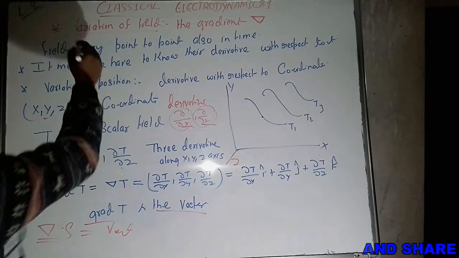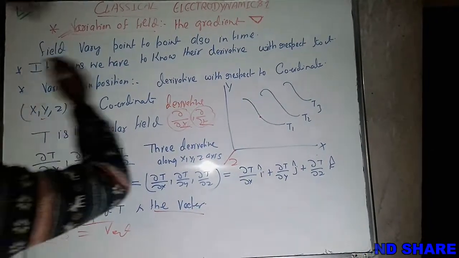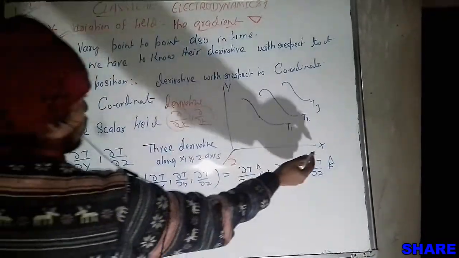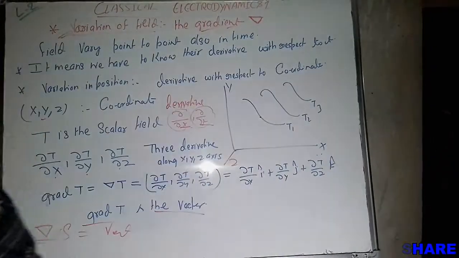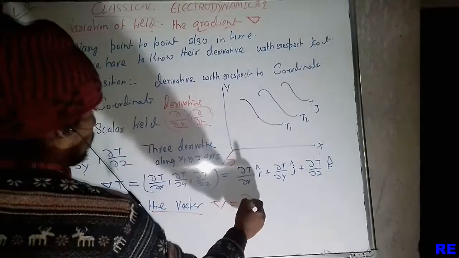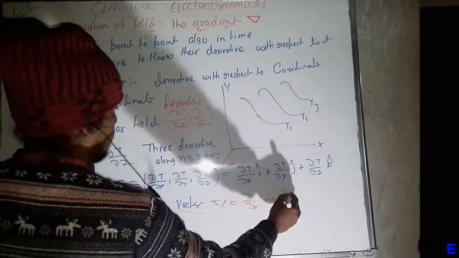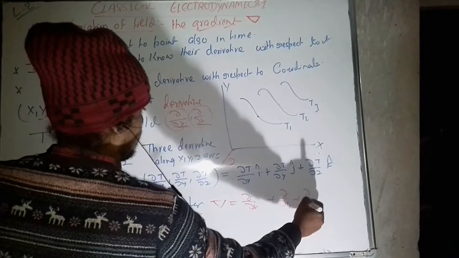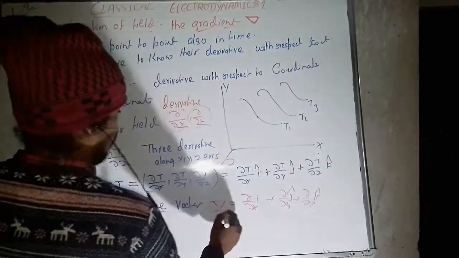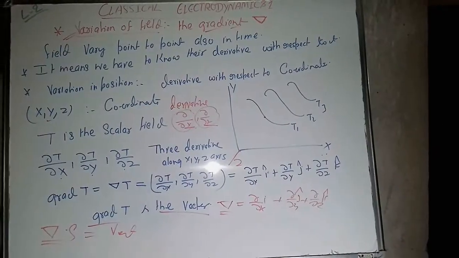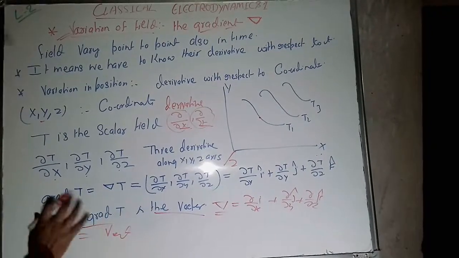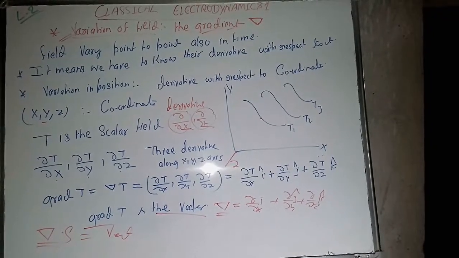We have to remember that the variation of a field is indicated by the gradient, and the gradient is nothing but the variation along the x-axis, y-axis and z-axis. Grad is equal to del by del x i plus del by del y j plus del by del z k. This is nothing but an operator which can operate on any scalar field. So this is called gradient, and this has very important applications in electrodynamics.